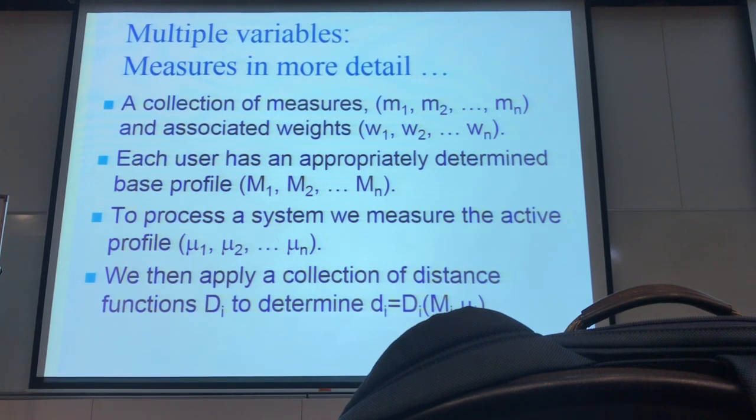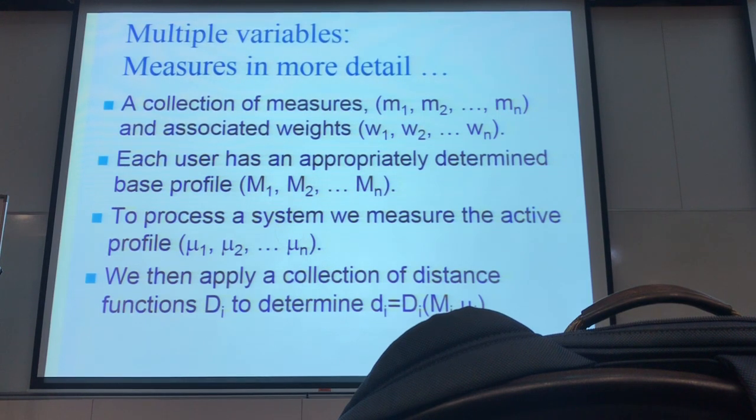You do the logging for a certain time period, and then you can define the base profile of the user based on the logs you created. So the base profile is based on the measurements you define and also the logs you produce for particular users.